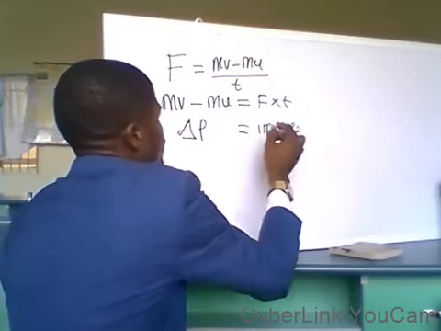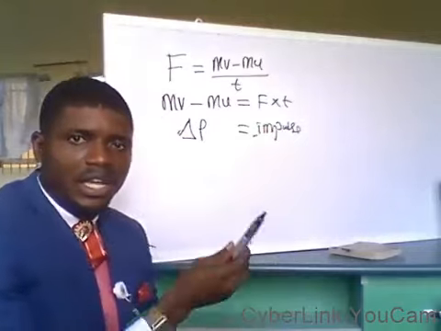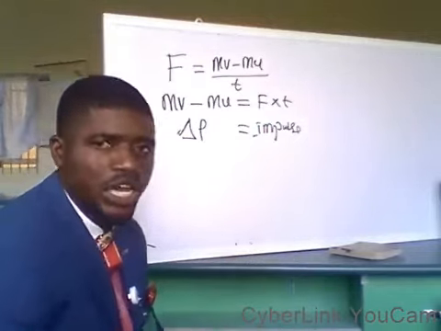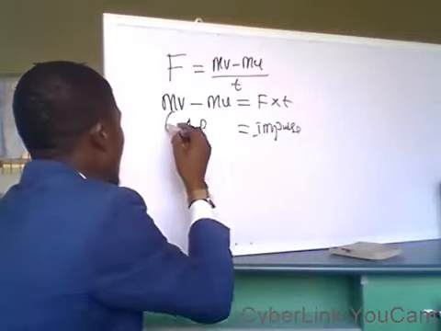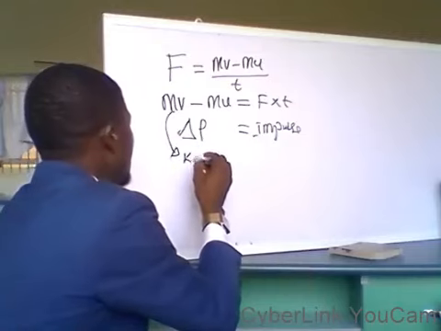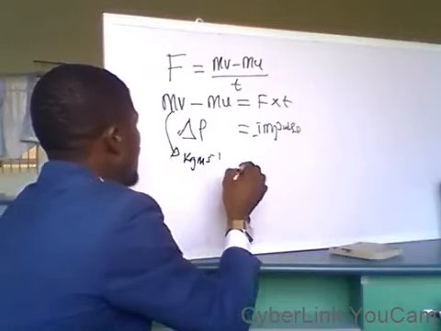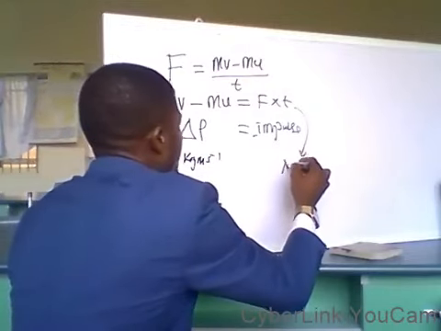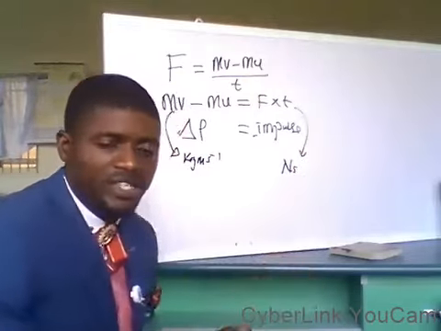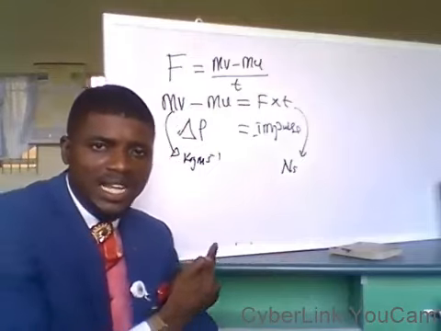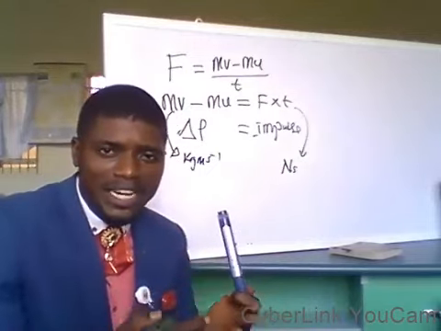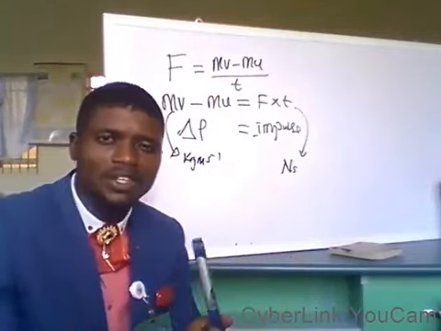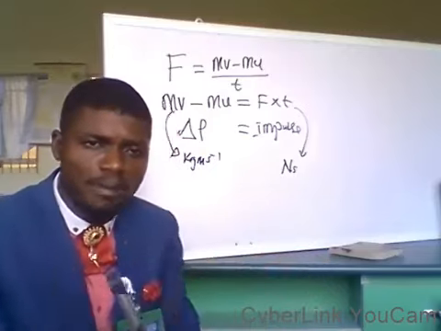Impulse. So you can see that impulse is equal to change in momentum, where you have the SI unit here as kilogram meter per second, and here you have the SI unit as Newton second. This is the expression that explains the mathematical relationship between impulse and momentum.